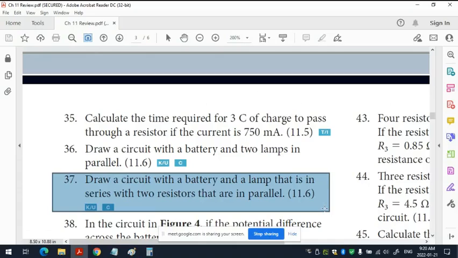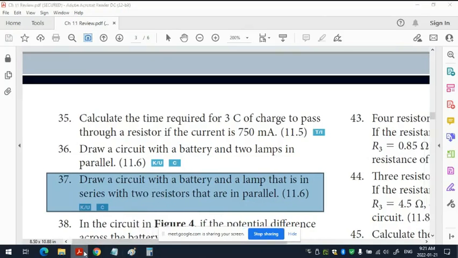One resistor in series with a parallel combination. Ali, what'd you get? Hold it up. Any variation of this is fine. Exactly. As long as you have one connected to a group, you're fine. Perfect. Good. All right. Next.